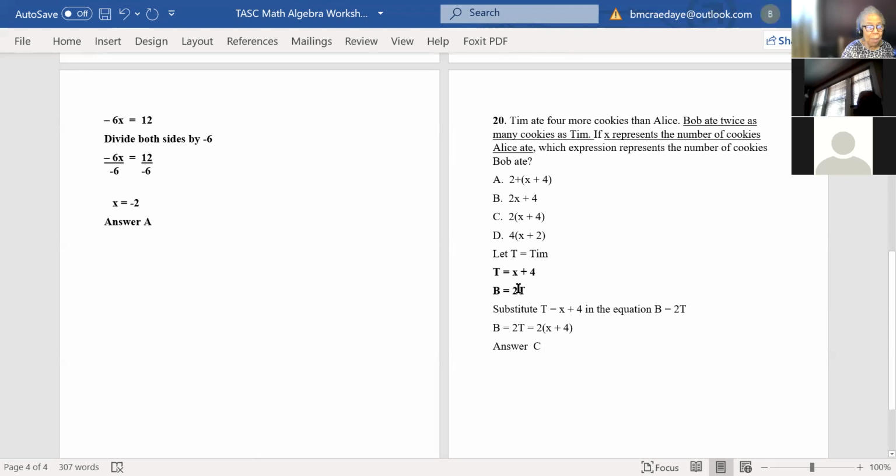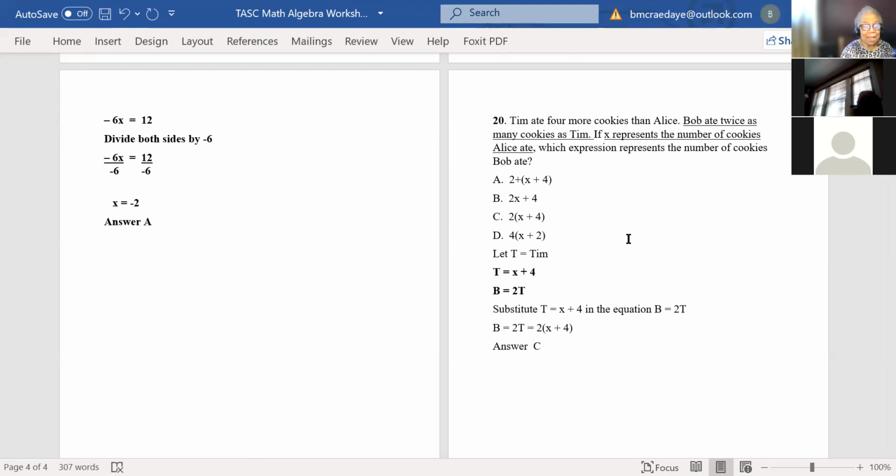But we know Bob ate twice as many as Tim, and we know Tim is Alice's X plus 4. So if we substitute what we know T to be equal to in this B formula, we have 2 times X plus 4, which is exactly what C is. You follow, Vanessa? Yes, Miss Barbara. I was trying to wonder why students were having problems, because no one has texted me the answer on number 20.